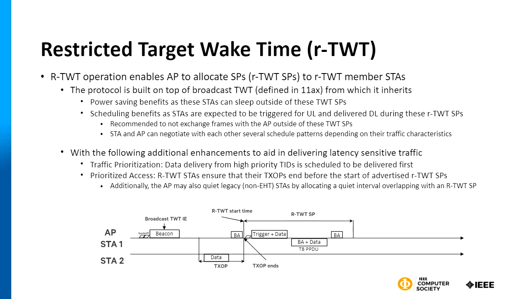And in order to make sure that that start time is protected so that either the AP or station 1 gains access to the medium as soon as possible at that expected start time, the requirement is that other stations that support this feature that are transmitting prior to that start time are required to end their TXOP at or prior to that start time, so that the channel is likely idle when the access point or station 1 is accessing.